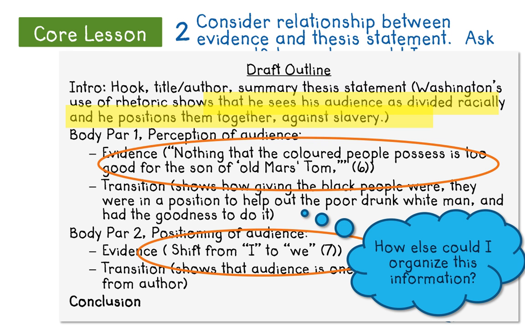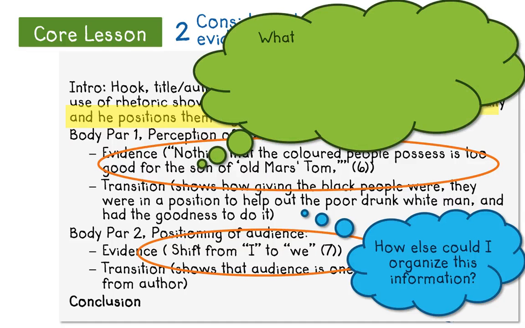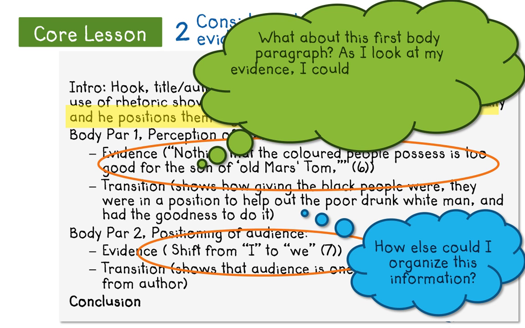Now, as I look at that first body paragraph, the one that just didn't quite sit right with me, I'm thinking about how that quotation is really more about his perception of the black audience versus his white audience. So now I'm thinking to myself, what if that very first body paragraph shifted?